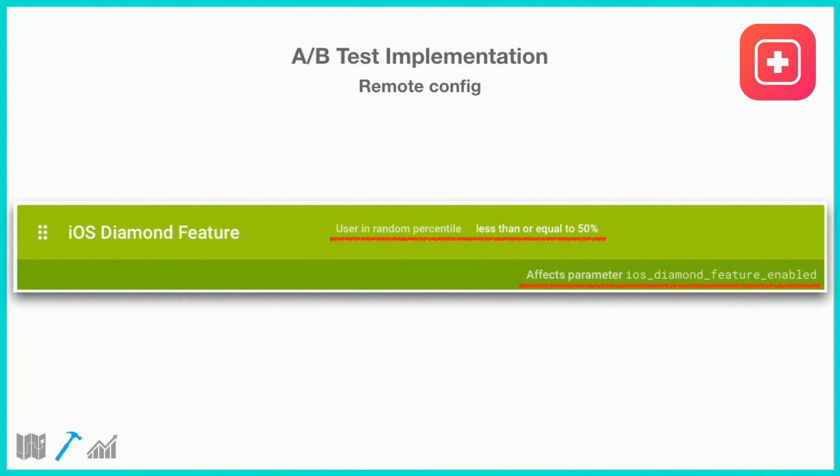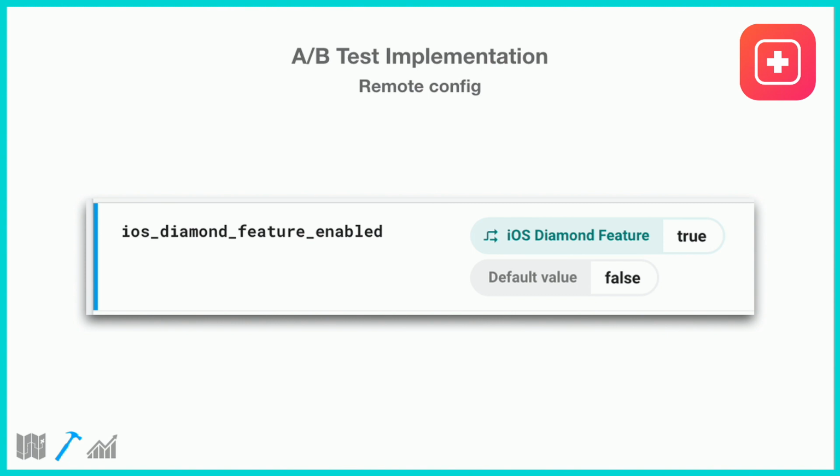Then your feature flag in this parameters section will look like this, that you see which conditions are actually attached to this feature flag and what value is returned in case this condition applies, let's say. So that's how you can set up a really simple A/B test, just 50-50.